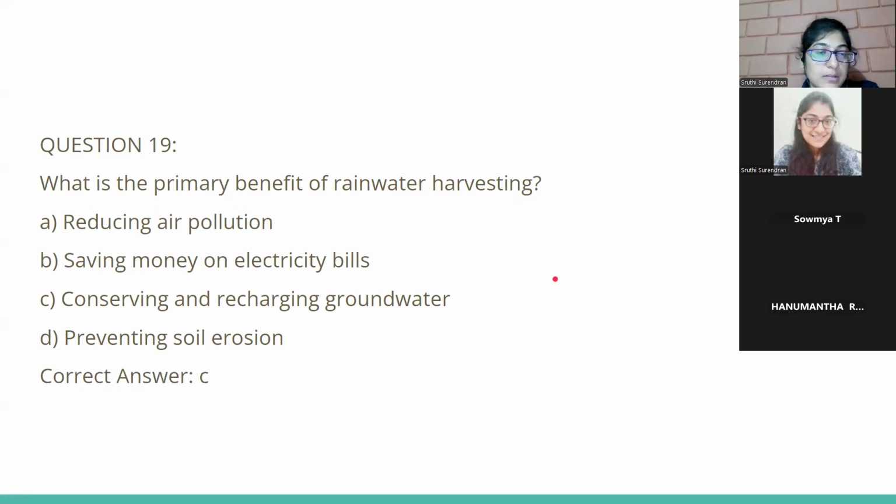So option C, conserving and recharging groundwater, is the primary benefit of rainwater harvesting. Air pollution is not a reason. All these are not reasons for rainwater harvesting.